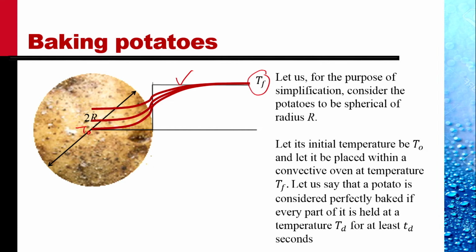Then the time to bake the potato would be the time to bring the center point, which is the coolest, to the temperature Td plus this td. The sum of two times would be the time required for baking the potatoes.